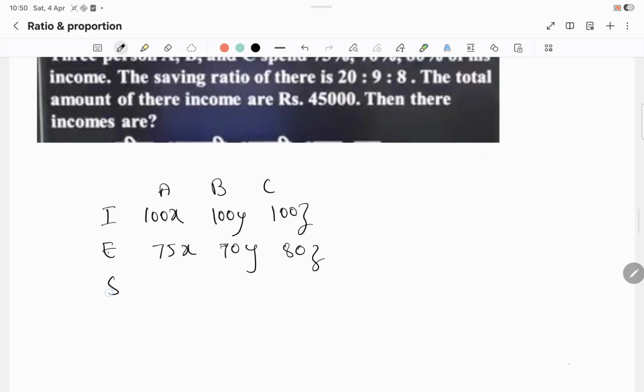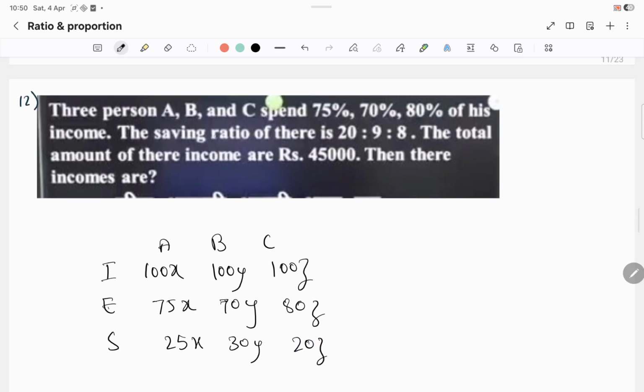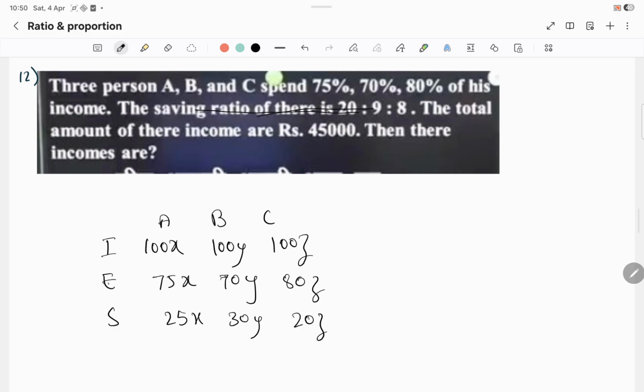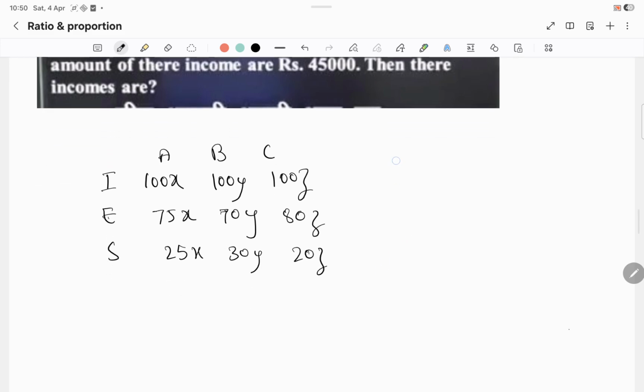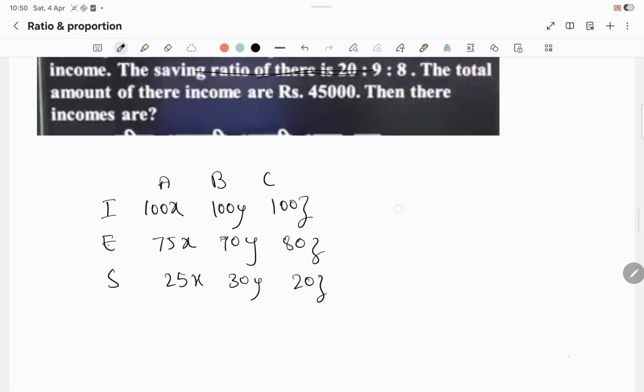Then their savings will be 25x, 30y, 20z. Now, according to the question, they are saying that the saving ratio of the 3 is given 20 is to 9 is to 8.